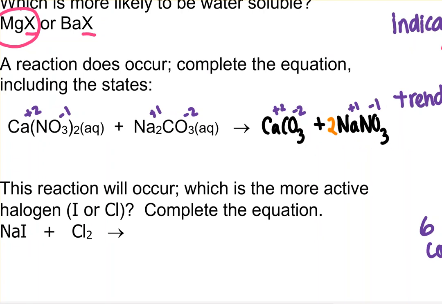This reaction does occur, which means one of these ionic compounds has to be a precipitate, a solid. And I know that it's not this sodium compound because I reviewed a minute ago that both sodium and nitrate can only form water-soluble compounds. So that means that my calcium carbonate must be my precipitate.